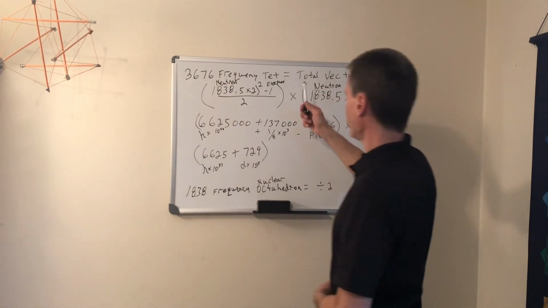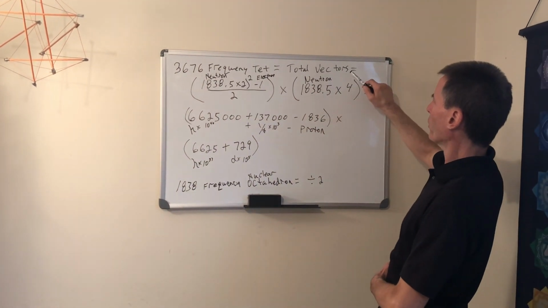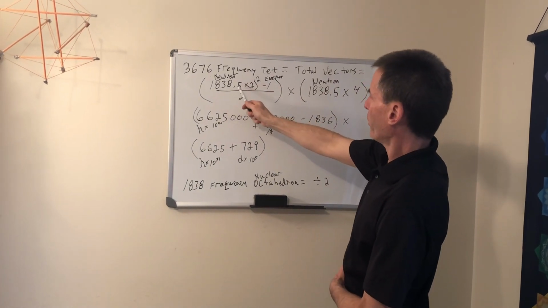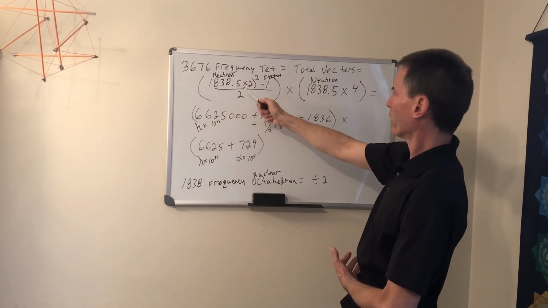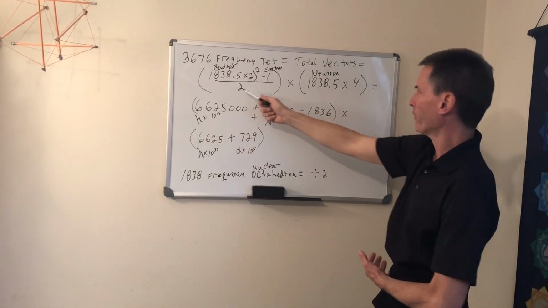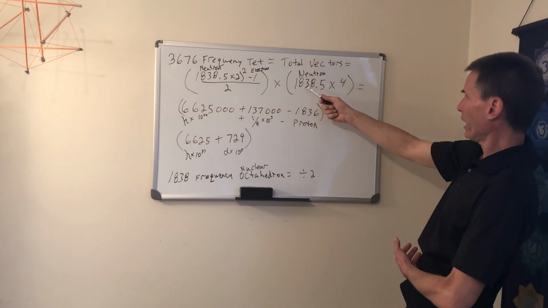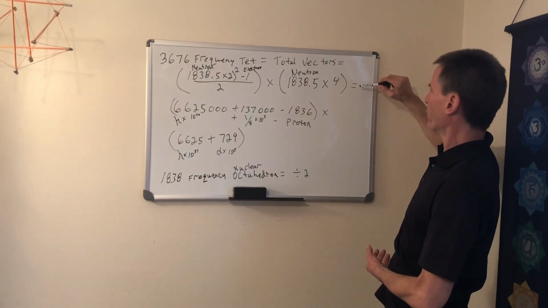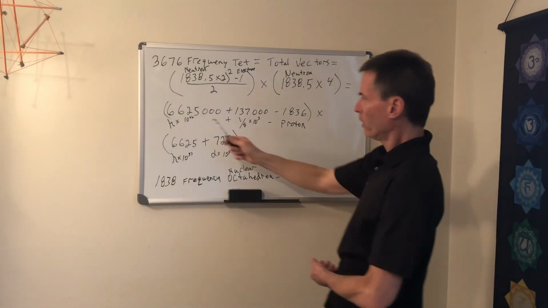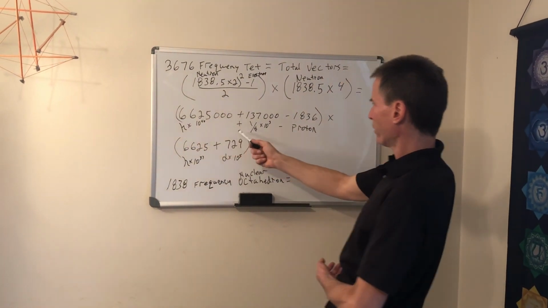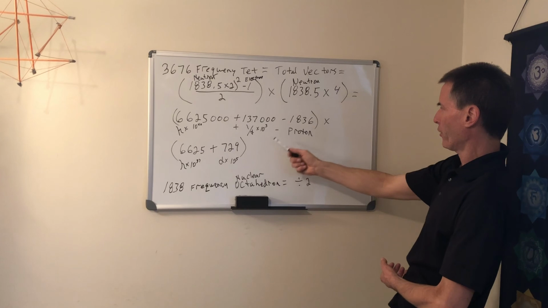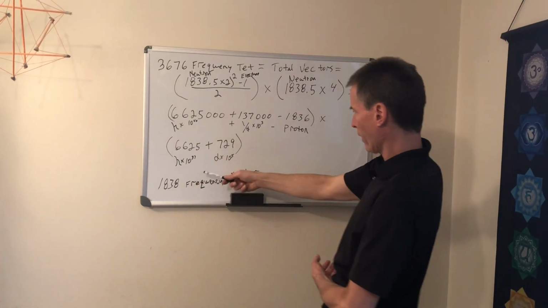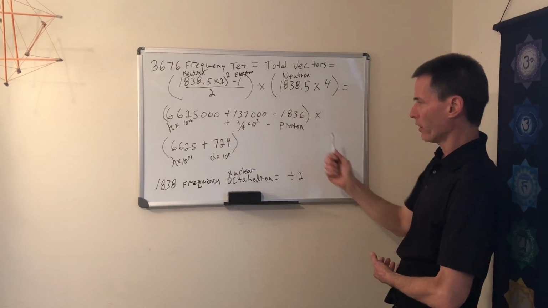What's really interesting then is that when we get to this next scale, I call the quanta scale, the 3,676 frequency tetrahedrons, total number of vectors, kissing points between all those spheres, is equal to 1838.5, value of the neutron, times 2 to the second power, minus 1 electron, divided by 2, multiplied by that neutron, 1838.5, times 4, which is really crazy because you break these vectors up a different way and they total Planck's constant times 10 to the 40 plus inverse of the alpha measure times 10 to the third minus the proton's value times Planck times 10 to the 37 plus the alpha times 10 to the fifth.